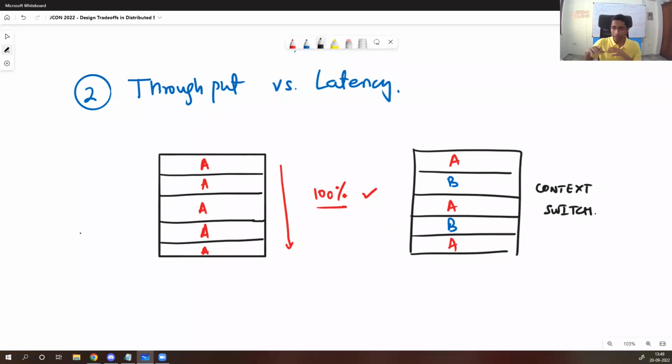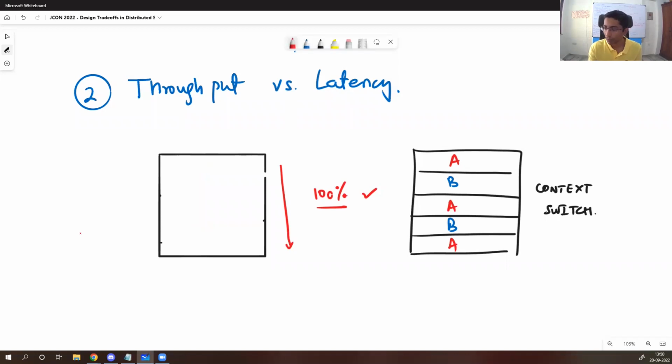There are some things I'm expecting implicitly. If you run A on a single thread and your computer just has one thread, at this point, your throughput will be 100%.